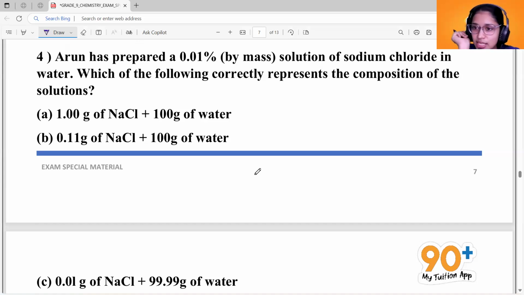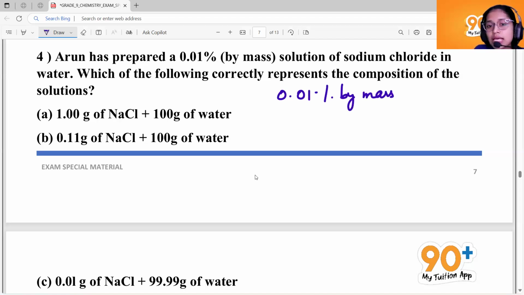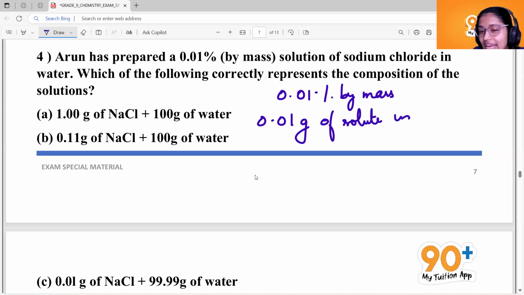So when we discussed MCQs, I told you we'll be able to deduce something from this information given to us. 0.01 percentage by mass of solution. What does that mean? 0.01 percentage by mass means 0.01 gram of solute in 100 gram of solution, right?